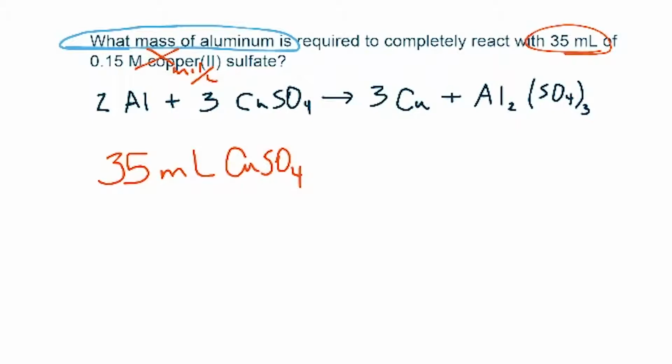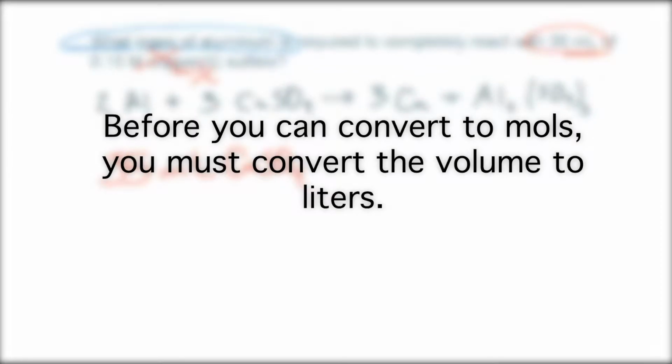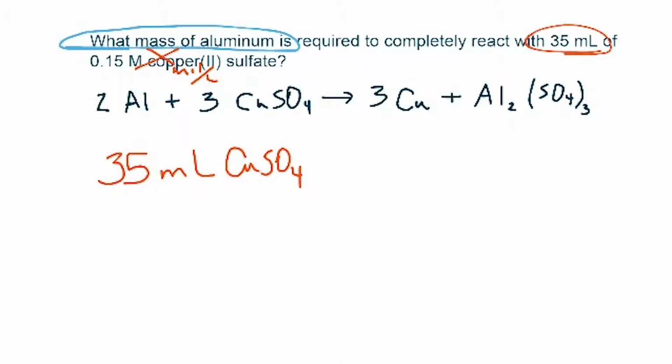We know that molarity is in terms of moles per liter, but I was given my volume in milliliters, so even before I can convert to moles, I need to convert my volume to liters. Because that's just a metric conversion, I'm going to do that by going ahead and moving the decimal. So I have 0.035 liters of copper(II) sulfate.